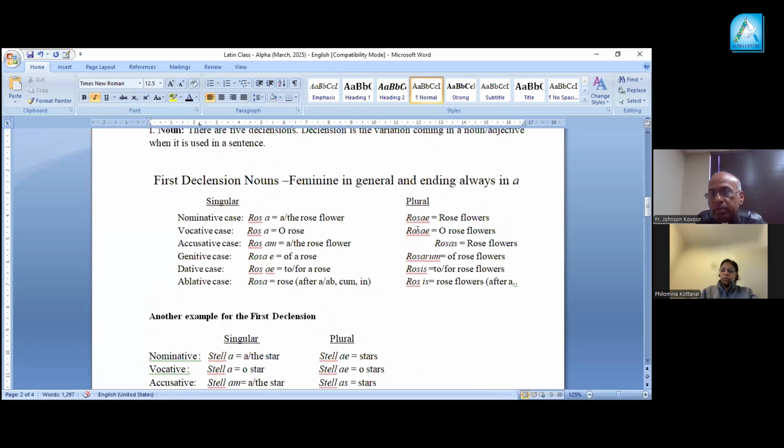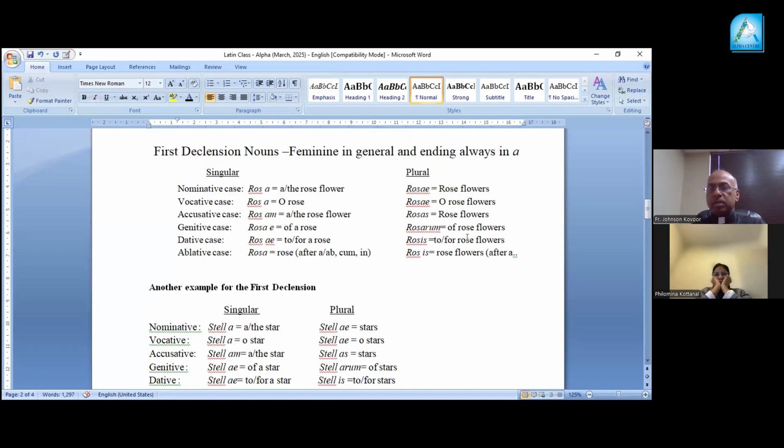Stellae or rosae, O rose flowers, rosae. Nominative and vocative are the same in the plural, and also in the singular, nominative and vocative are the same. You can remember easily. Rosa, a rose flower. Like rosae means rose flowers. Rosas, accusative plural. It ends in as, rosas.